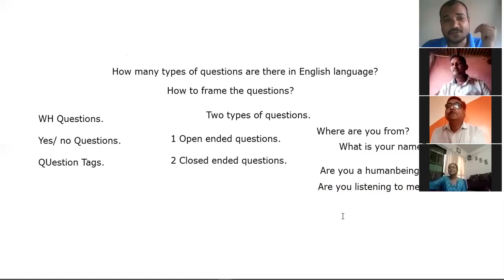So for the first 2 questions, you said different answers. For the last 2 questions, you are giving the same answers. Then what is the difference between the questions? In the first type, there are different options.